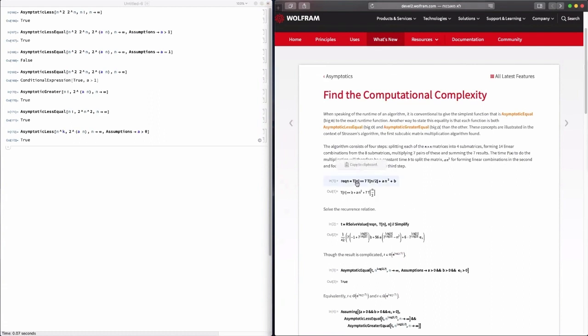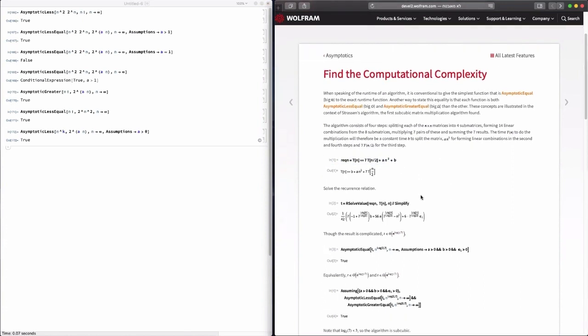So that means the time will be some constant b to split the matrices, some constant times n squared for forming linear combinations, and then 7 times whatever the time is to do matrix multiplication of size n over 2. So that's a recurrence relation.